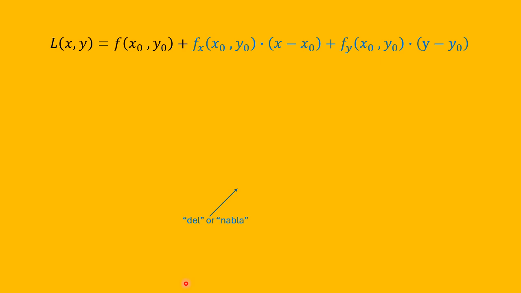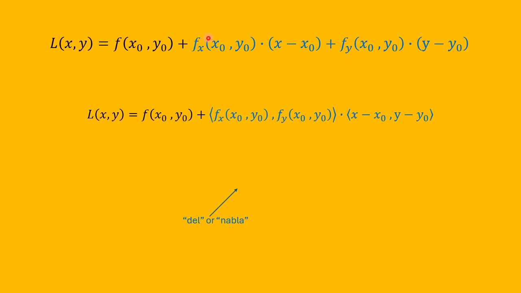So the linear approximation of f, L of x, y, we saw could be written as f of x naught, y naught plus the partial of f with respect to x at x naught, y naught times x minus x naught plus the partial of f with respect to y at x naught, y naught times y minus y naught. Well, if we look at these terms up here in blue, we can write this term plus this term over here as the dot product of two vectors.